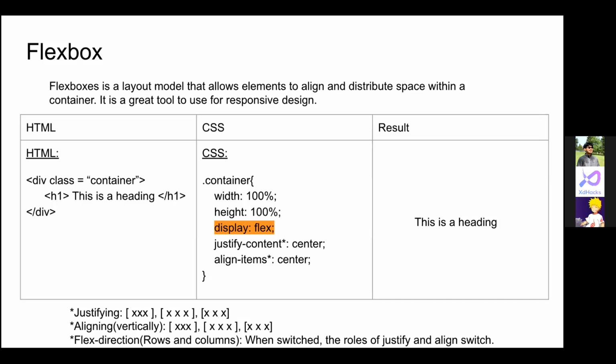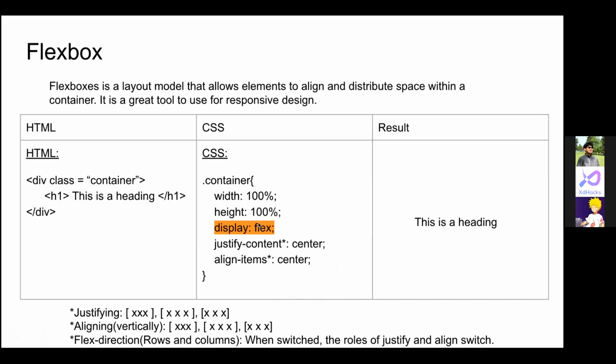The last thing is flex direction, and we haven't used it in the example, but the main thing to understand is that you can put a row value or a column value. If you put a row, then justify content is responsible for the horizontal movement, and align items is responsible for the vertical movement.